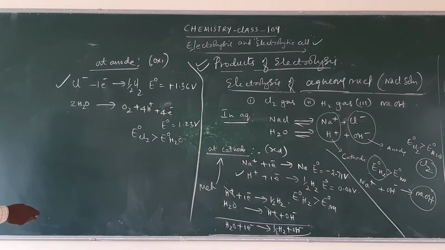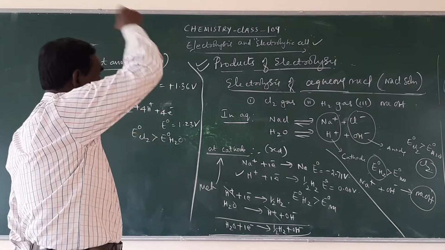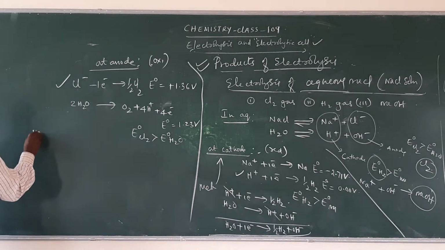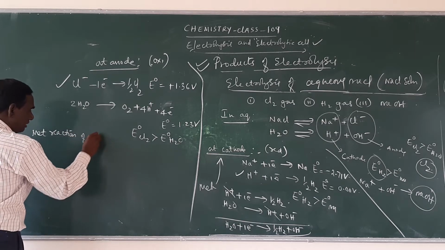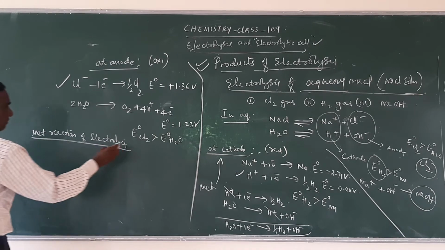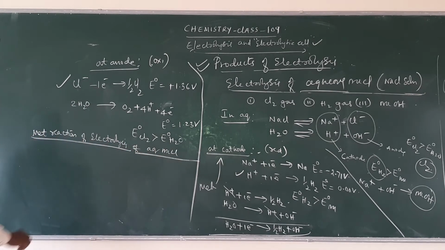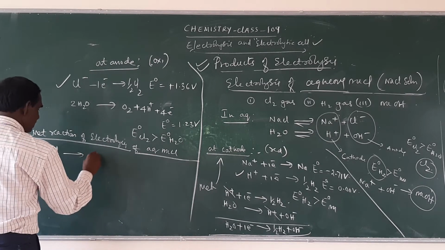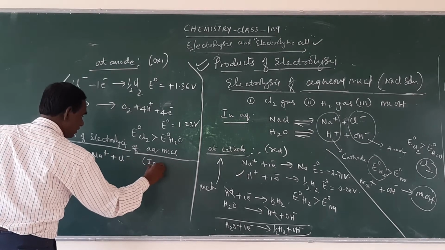So now you can write the anodic reaction as well as the cathodic net reaction of the electrolysis. Net reaction of electrolysis of NaCl. NaCl gives rise to Na+ and Cl minus; it is nothing but ionization, you know that.